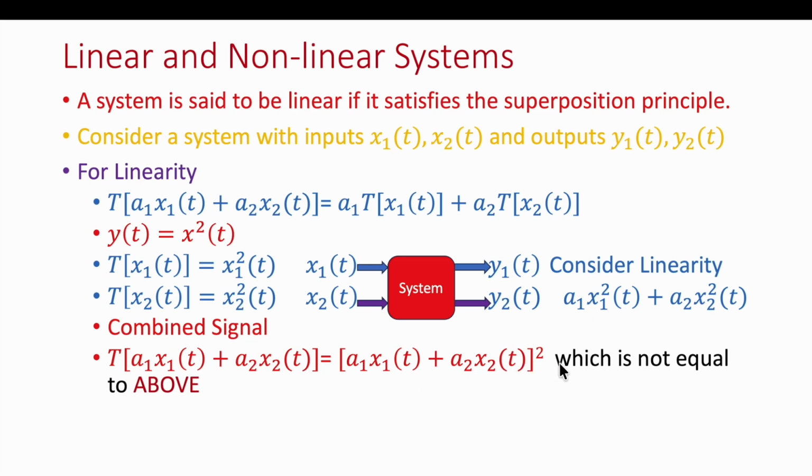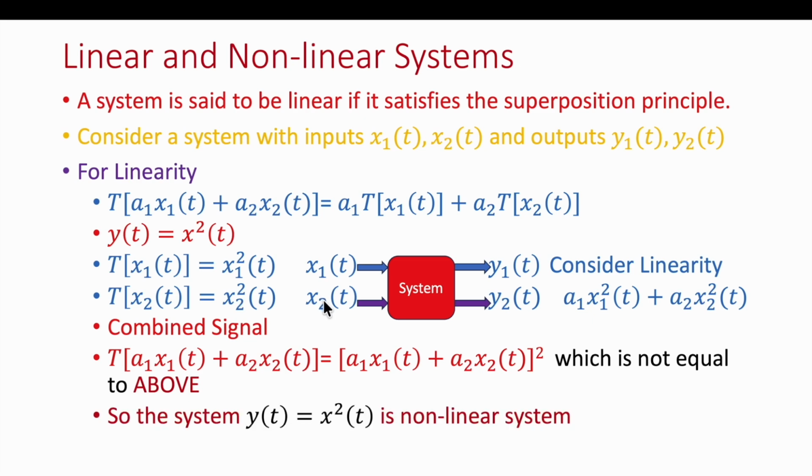This shows that it is not equal to the response when we have individual inputs. For the combined signal we have one response, while for the individual signals we have a different response. So it shows that the system with the response y(t) equals x squared(t) is a non-linear system.